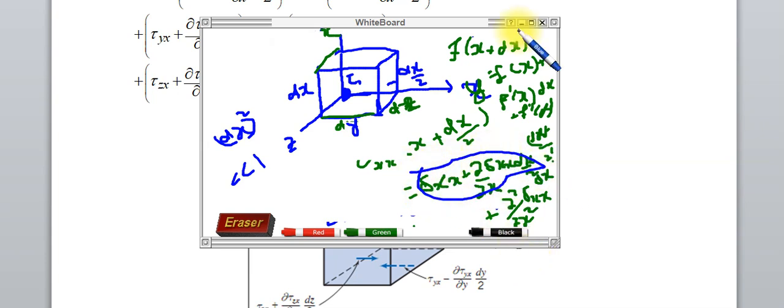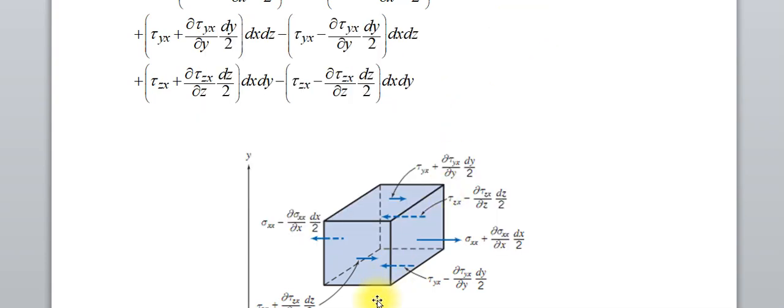That is the explanation of how these two terms come about. You can see this is the positive x surface: sigma xx plus partial sigma xx by partial x times dx by 2. We applied the Taylor series, and now this is the negative x plane.